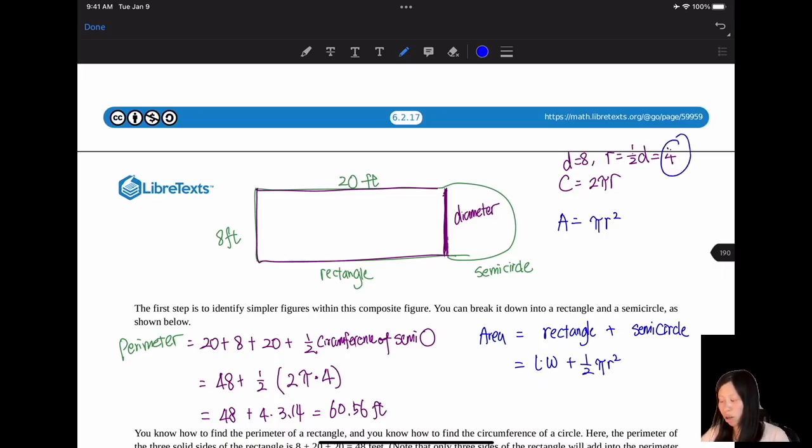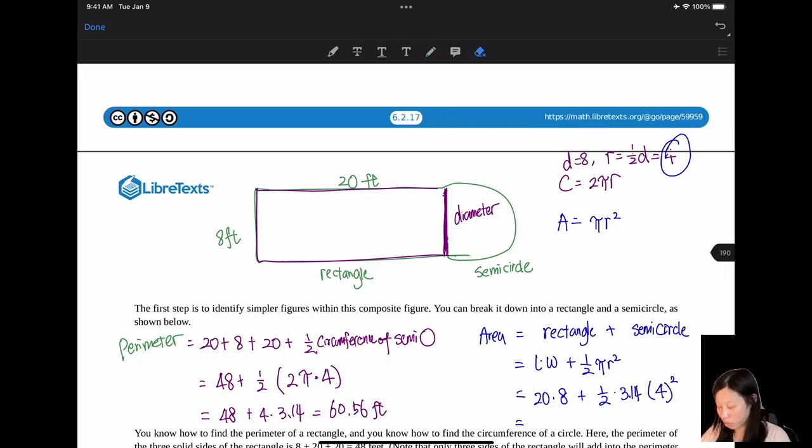Again, we just found r earlier when finding the perimeter, which is half of the diameter, in this case equal to 4. So the area equals 20 times 8 plus 1/2 times 3.14 times 4 squared.